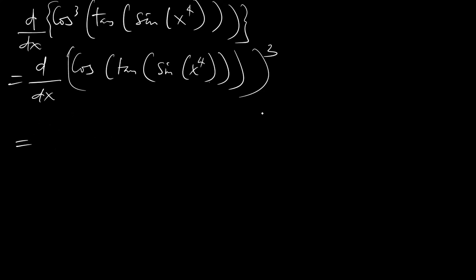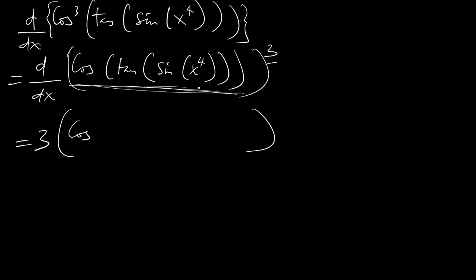Now to do this, you differentiate this. You say 3 into cos, now you're differentiating with respect to the whole of this inside here. So the whole of this inside here will remain the same. You're differentiating with respect to this function, so the function will remain the same. So you have cos, then tan, then sine x to the power 4. Now, this will be 2.